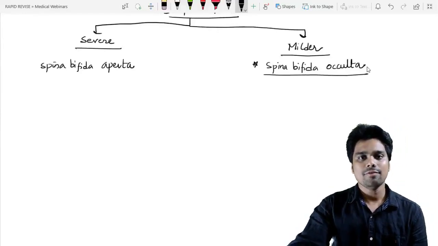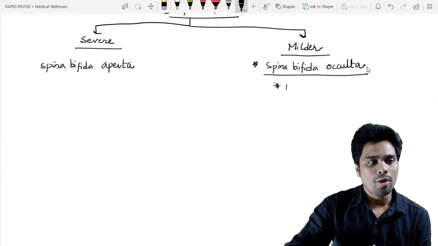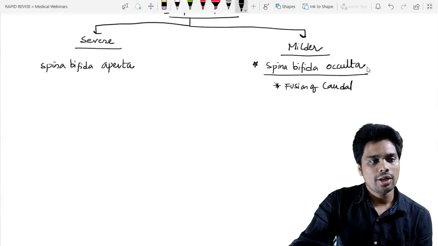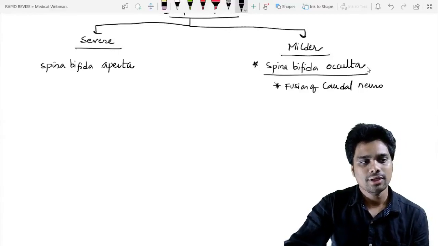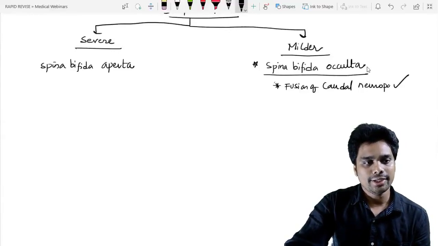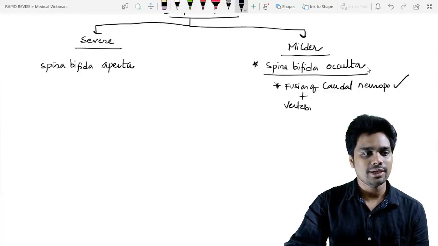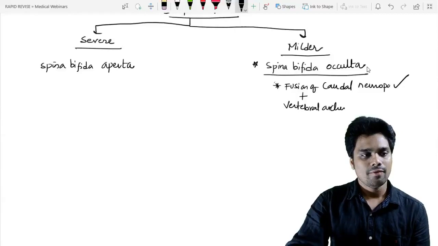So let us start discussing the milder form. In the milder form, what happens? There is proper fusion of the caudal neuropore. So there is no problem with the caudal neuropore. It is fused. It is all right. But there is improper fusion of the vertebral arches. Vertebral arches, there is non-fusion.